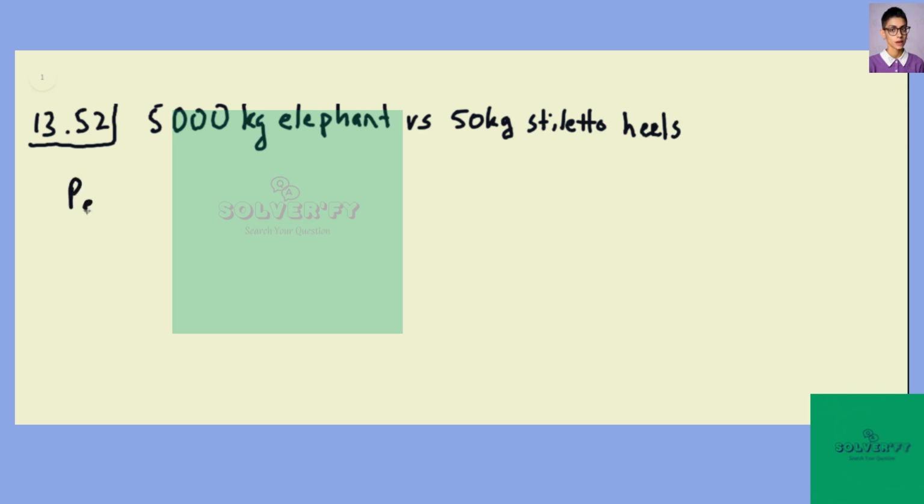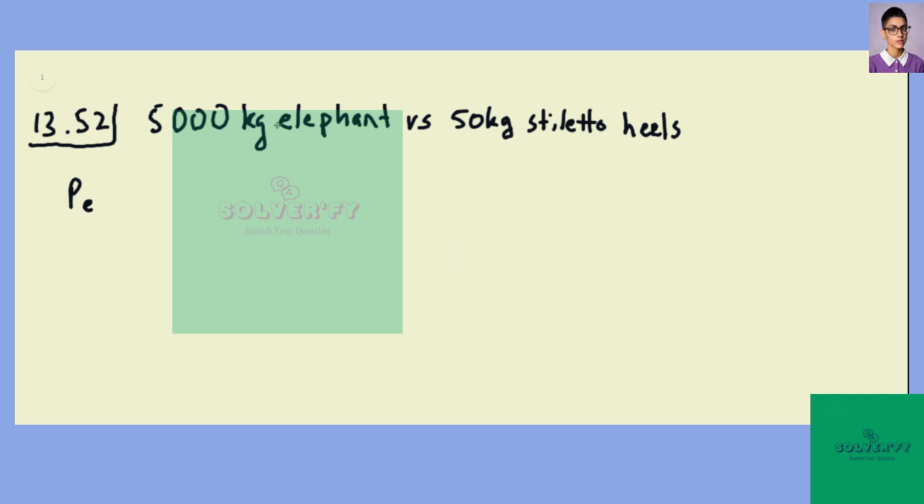And since we're talking about pressure, the surface area is as important as the actual weight. So what we can do is just think about what the area of one has to be in terms of the area of the other in order for the pressures to be equal. There are other ways you could do this.